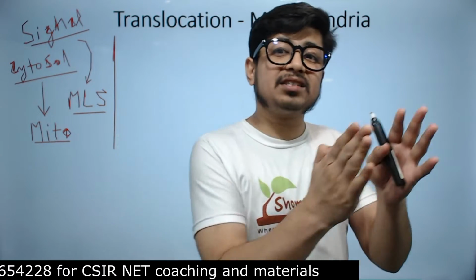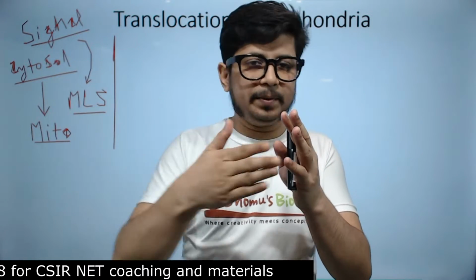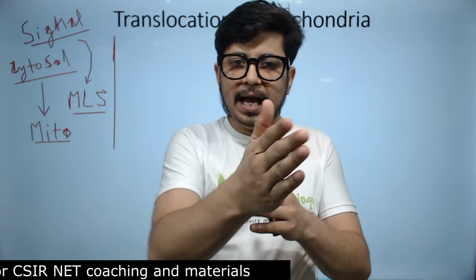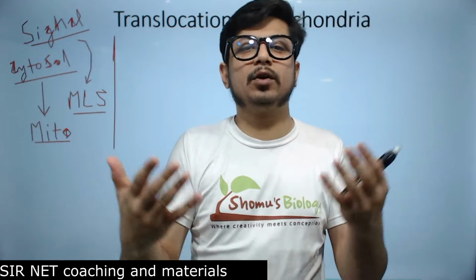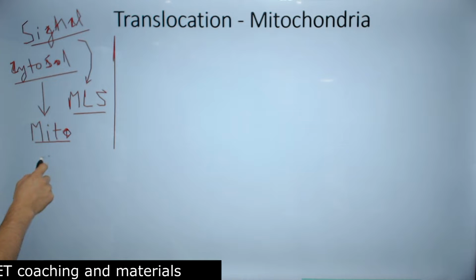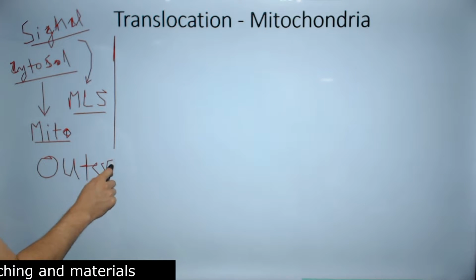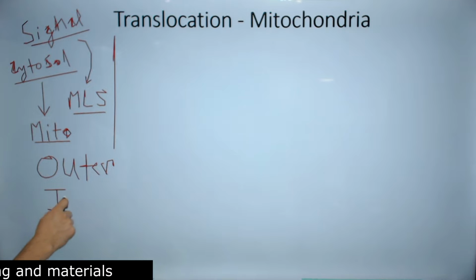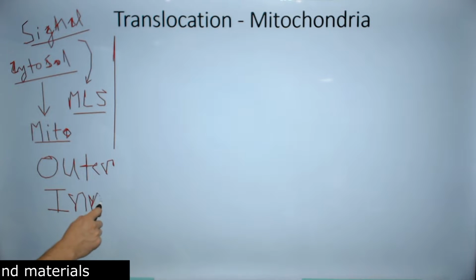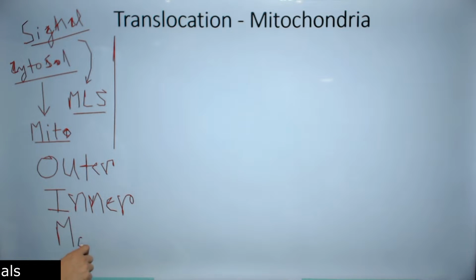When I say translocation, it means the proteins produced in the cytosol will be transported inside the mitochondria. And we know in the mitochondria there are different locations. There is the mitochondrial outer membrane, the mitochondrial inner membrane, and the mitochondrial matrix.